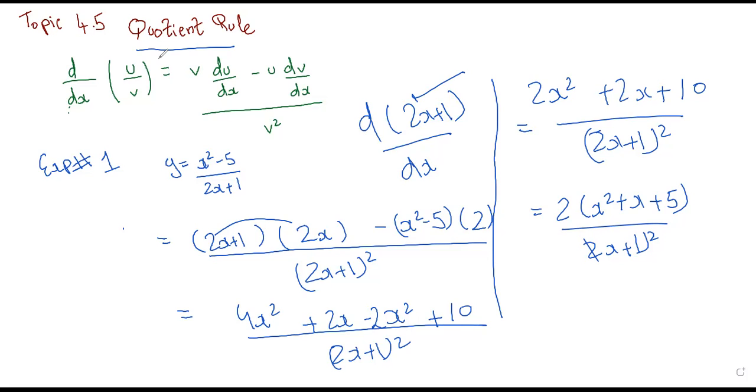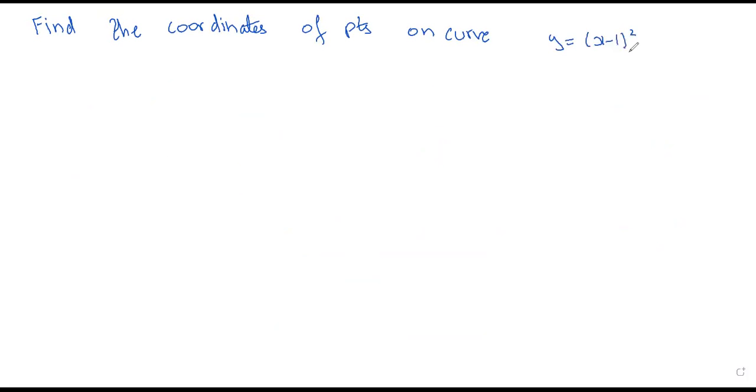Okay, perfect. So now I have a good example, and I want you to just tell me the approach, then we can solve it together. Find the coordinates of points on the curve y equals (x minus 1) whole square divided by 2x plus 5, where the tangent is parallel to the x-axis.